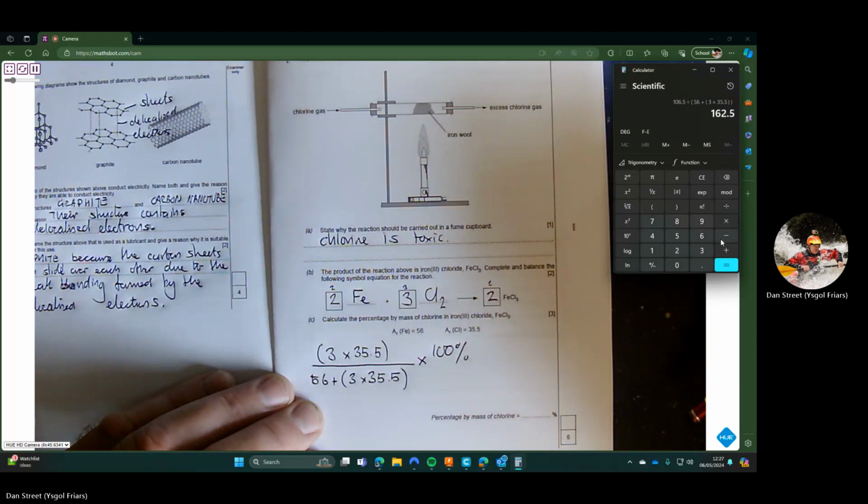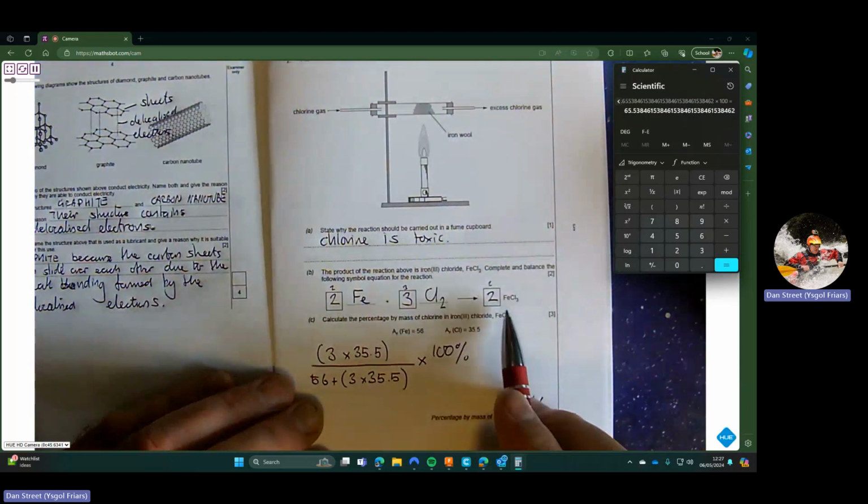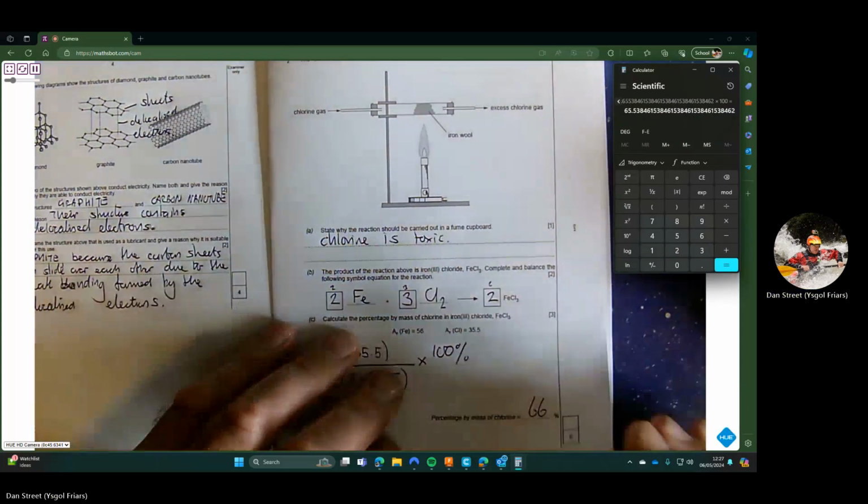And then that times 100 gives us 66%. So 65.5 is 66%. So 66% of iron 3 chloride is chlorine.